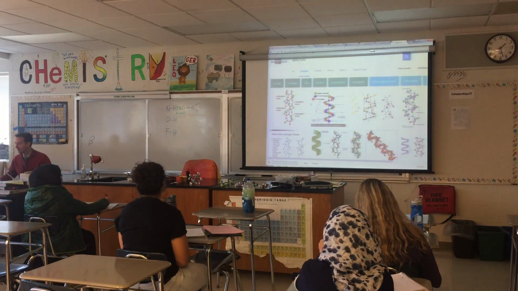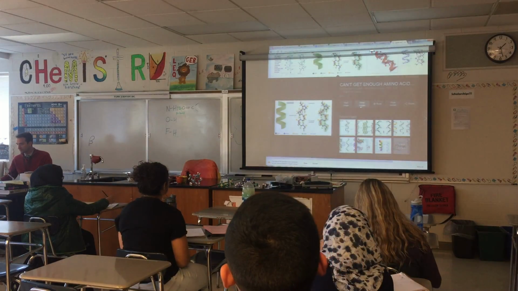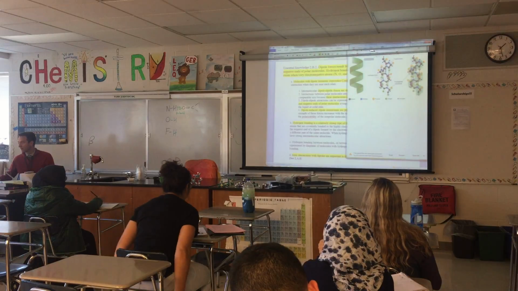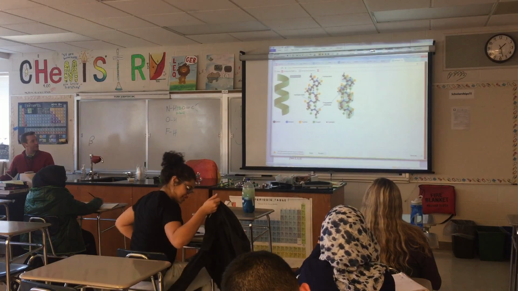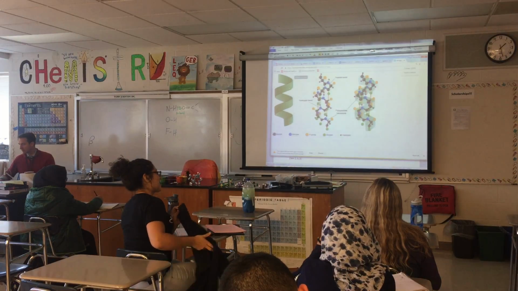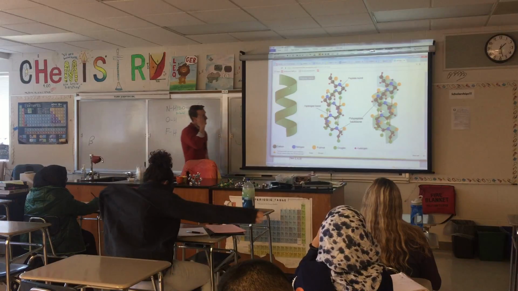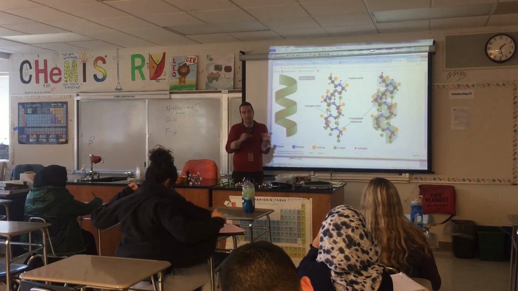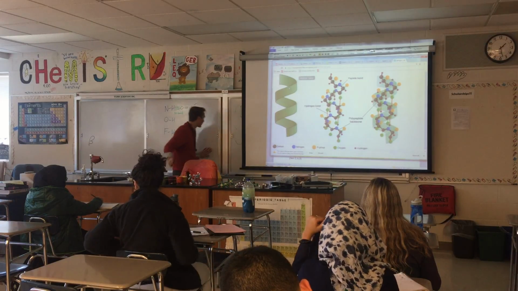All right. Alpha helix, you'll see them in textbooks where they look like this. Very common when you're trying to represent the structure of a protein. In these proteins, we have all these amino acids, and they're all chained together. But amino acids all have the same sort of backbone.